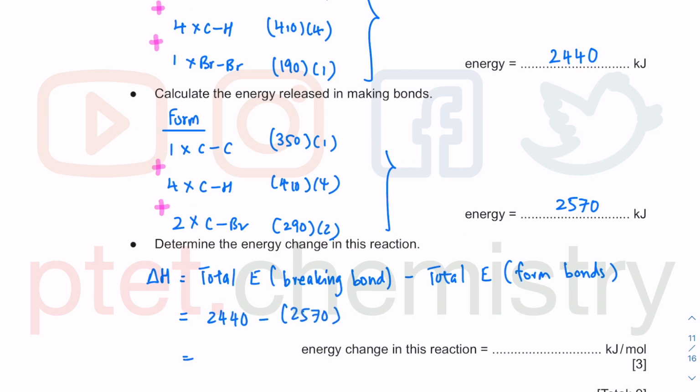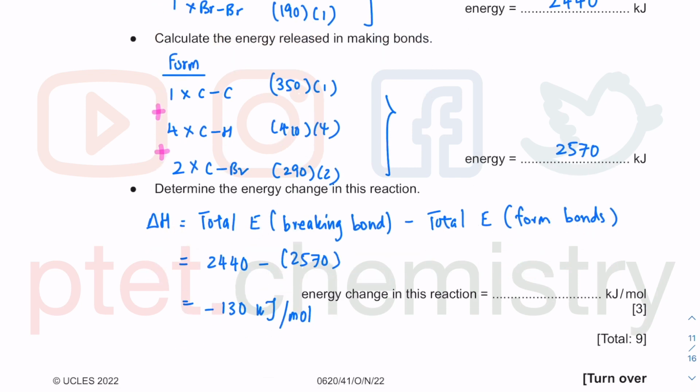What I'm going to get overall is negative 130 on my calculator. So that is basically your sign, your value, and your unit, and this is essential for enthalpy change. And you see that I'm back to kilojoule per mole.